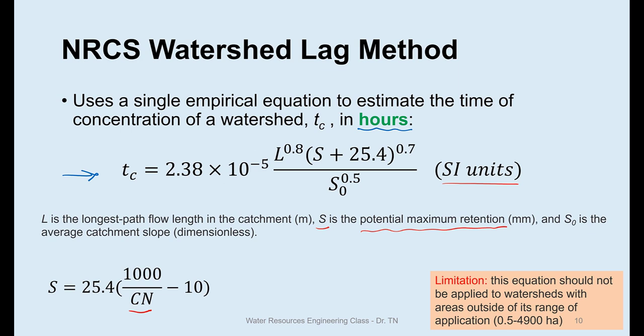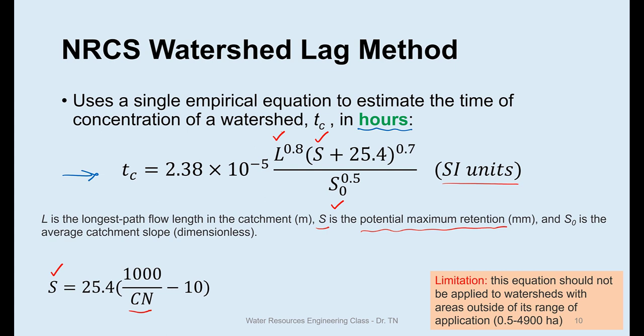So in urban areas, higher curve number results in higher surface runoff. Once you have that curve number, which can be determined based on GIS calculations as well, you can calculate the value of S, potential maximum retention, and then S goes into this equation. The only two watershed characteristics that you need in addition to S are slope and flow length, and you can calculate a good estimate for time of concentration.